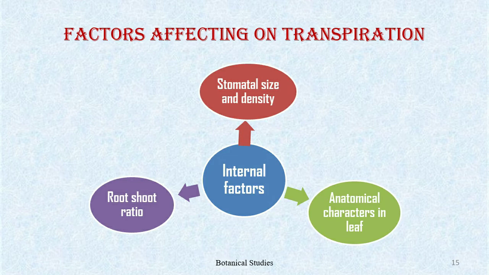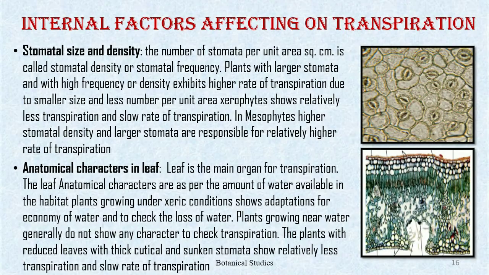Internal factors affecting transpiration. The internal factors are stomatal size and density, anatomical characters in the leaf, and root shoot ratio. Stomatal size and density. The number of stomata per unit area, square centimeter, is called stomatal density or stomatal frequency. Plants with larger stomata and with high frequency or density exhibit a higher rate of transpiration.